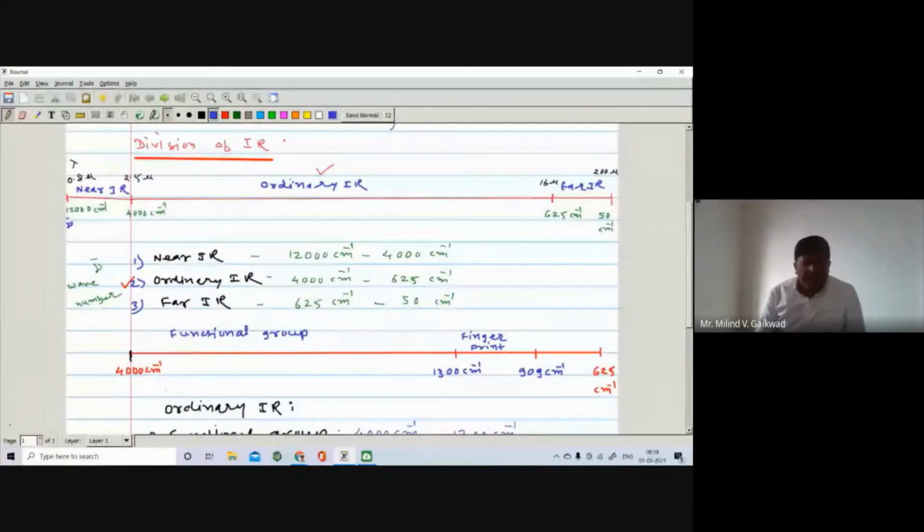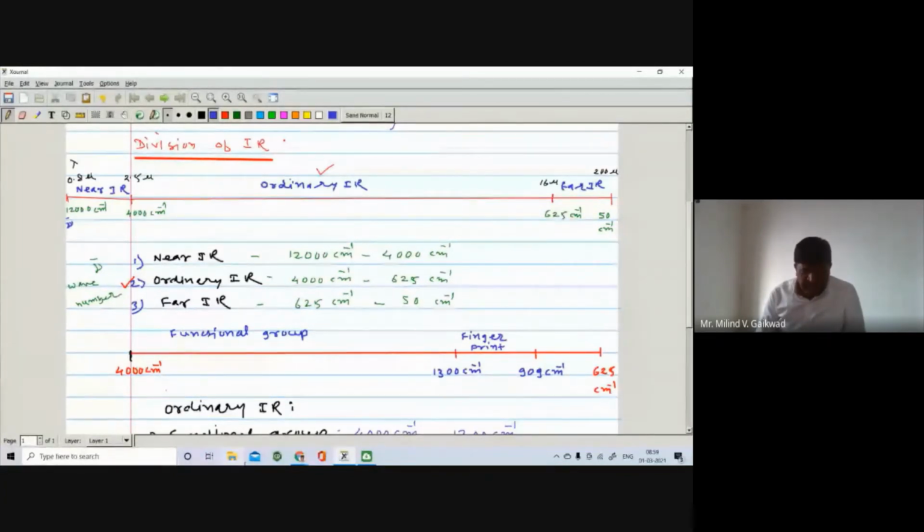The far IR and near IR, from an organic point of view, are not so important. But for structure elucidation, to find out the structure of an organic compound, the ordinary IR is very, very important.